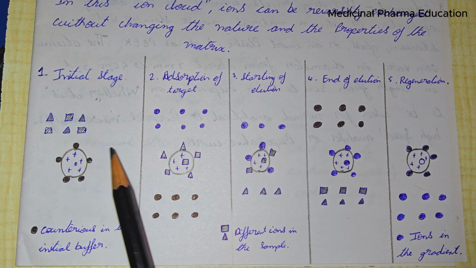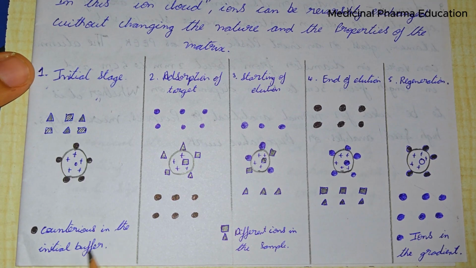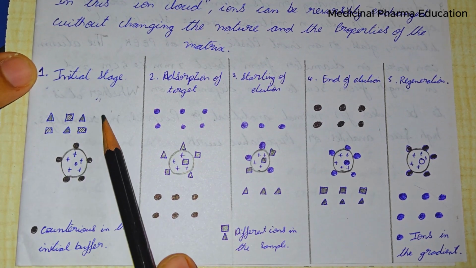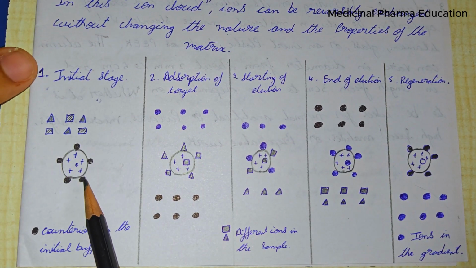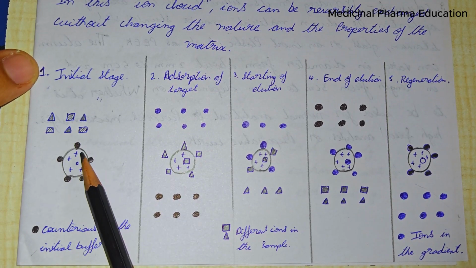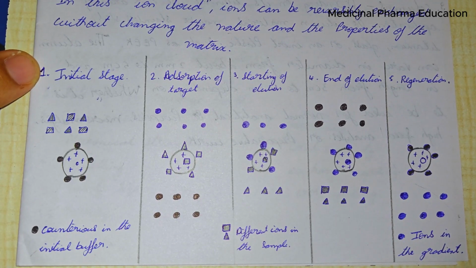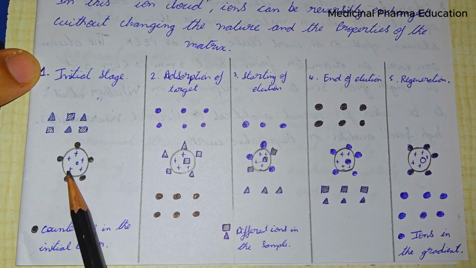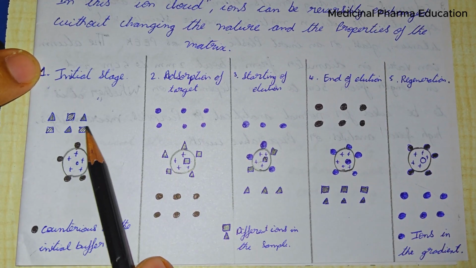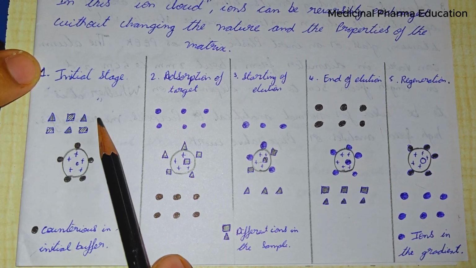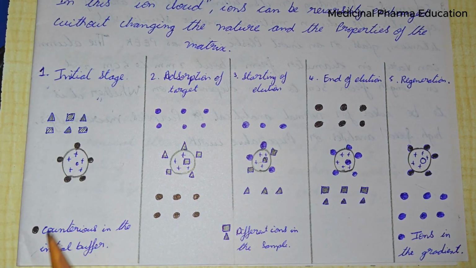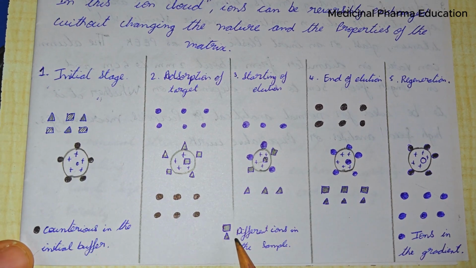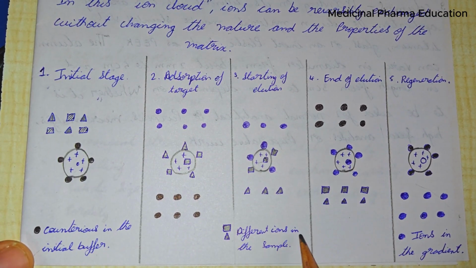See, the initial stage uses an initial buffer, which binds to the positive charge. Here the stationary phase is positive, and this is the mixture which we want to analyze, with different ions of the sample.